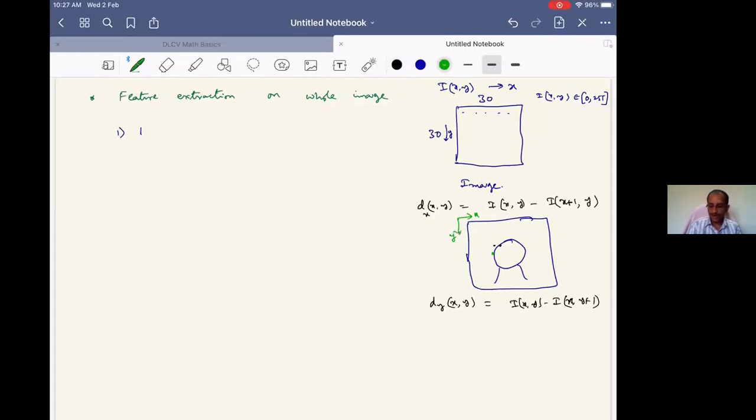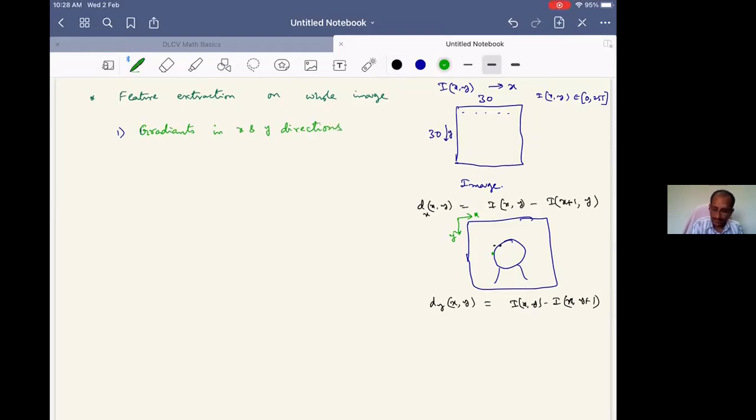So this is what you are finding at each location, and you are highlighting some features. This is not purely feature extraction, but we can consider it as feature extraction. This is by finding gradients in x and y directions.